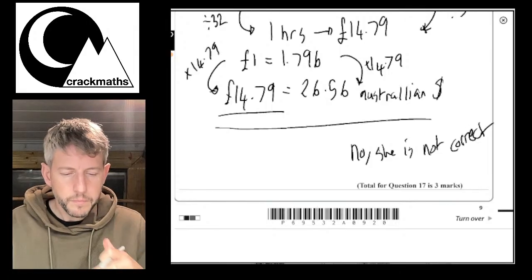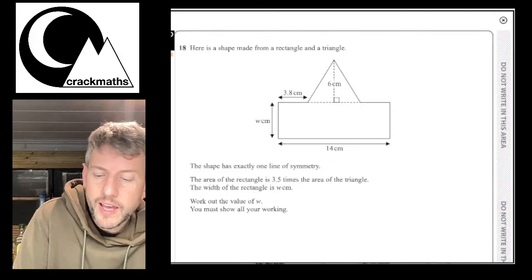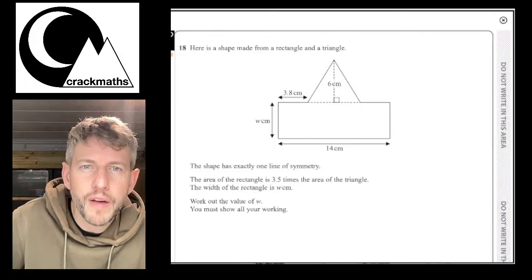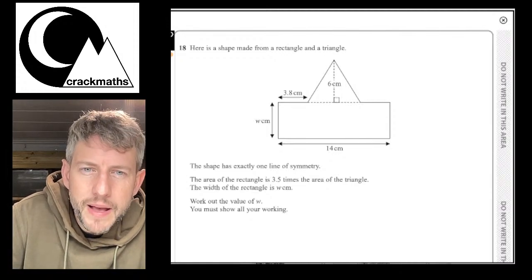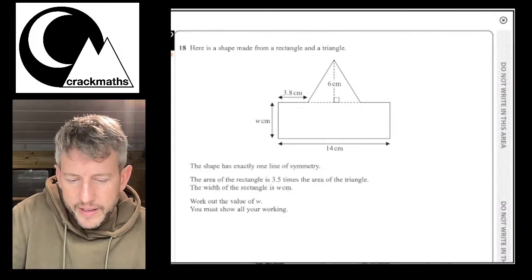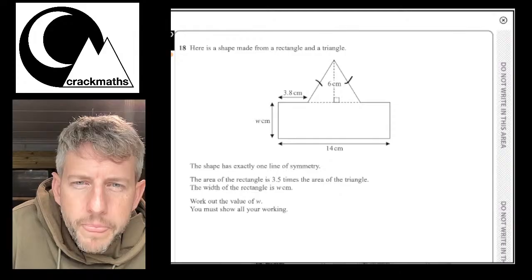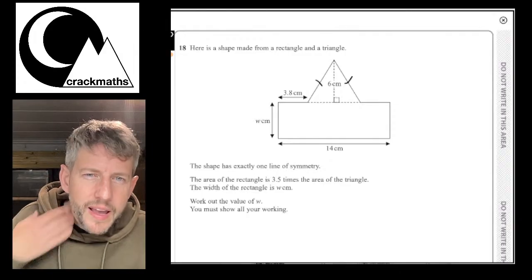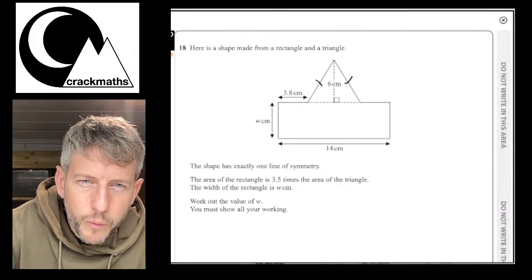Okay. Right. Question 18. Oh, we've got a shape. Here is a shape made from a rectangle and a triangle. The shape has exactly one line of symmetry, which means it's an isosceles triangle. The area of the rectangle is 3.5 times the area of the triangle.